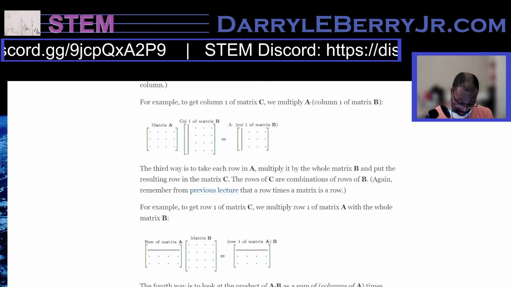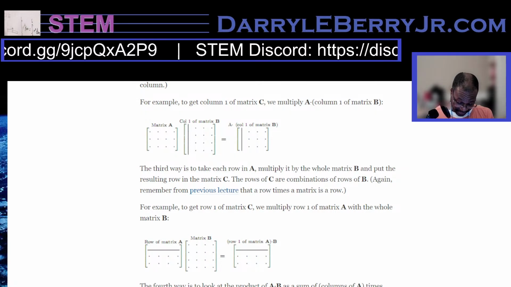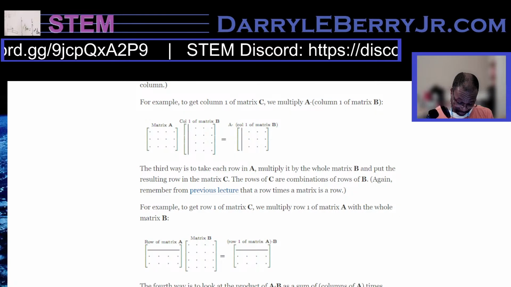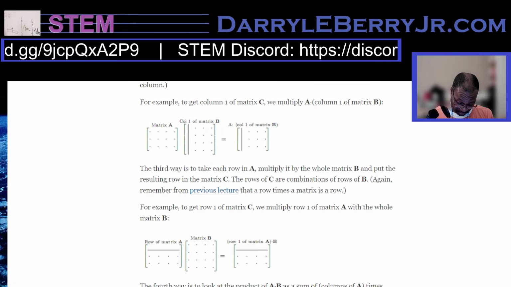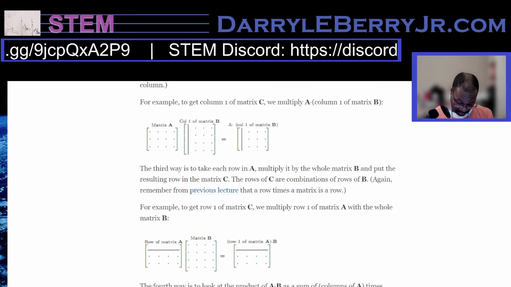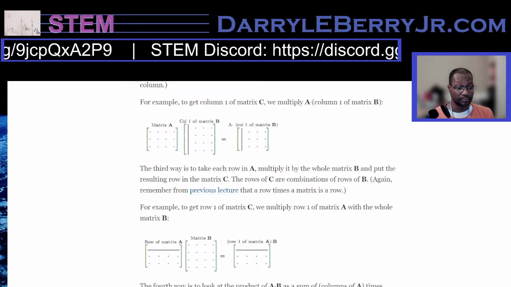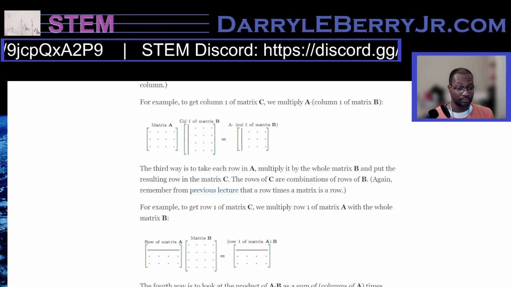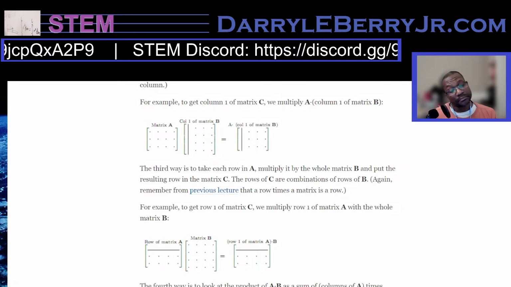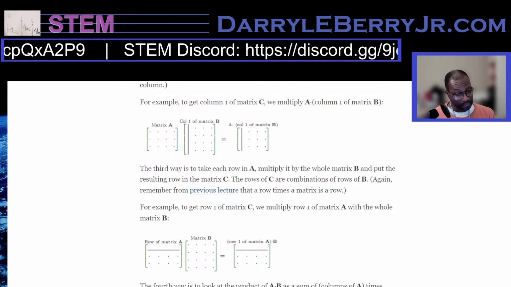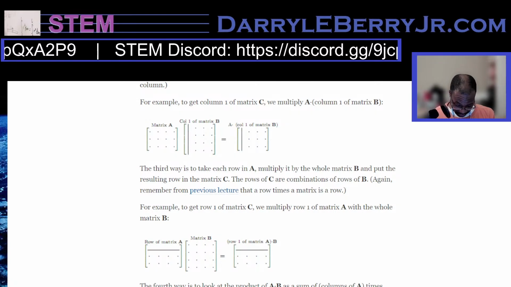Right? So the third way says take each row in A multiplied by the whole matrix. So I believe that's this one. Oh, hold up. That one seems ugly.